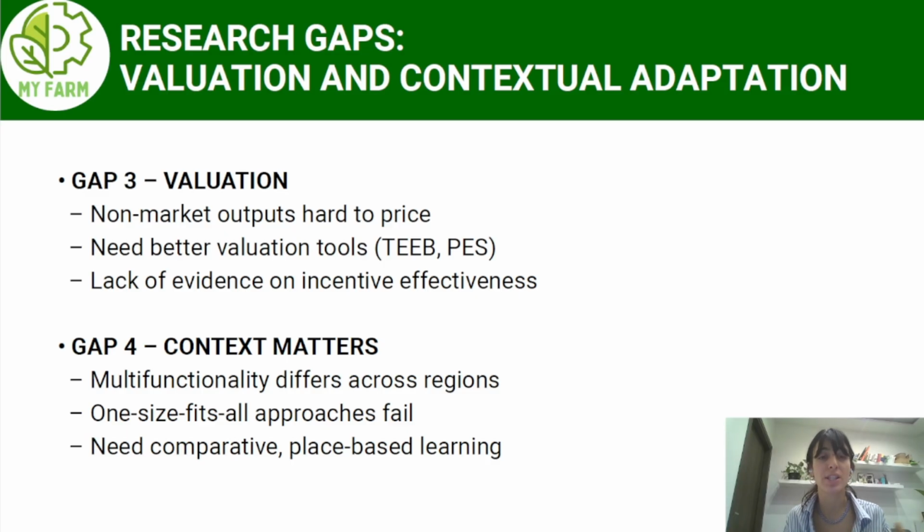So, a strategy that works in a peri-urban area may not apply in mountain regions, coastal zones, or arid landscapes. Comparative studies and international learning frameworks would help share what works and why it works.